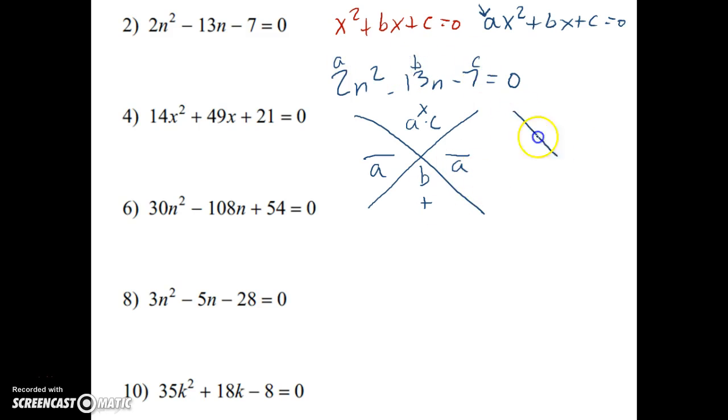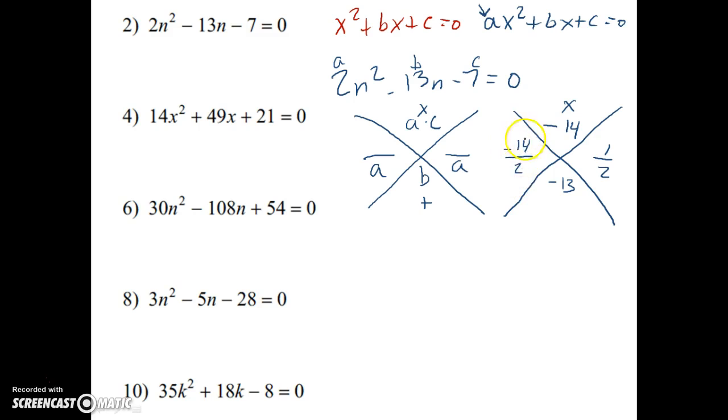So I'm going to remake this graphic organizer, except that I'm now dividing by 2 each time. I'm trying to add up to negative 13, and I'm trying to multiply to 2 times negative 7, which is negative 14. What multiplies to negative 14 and adds to negative 13? Well, that's going to be negative 14 and positive 1.